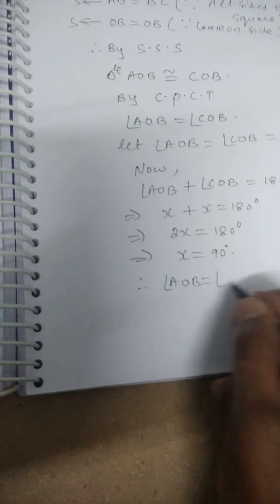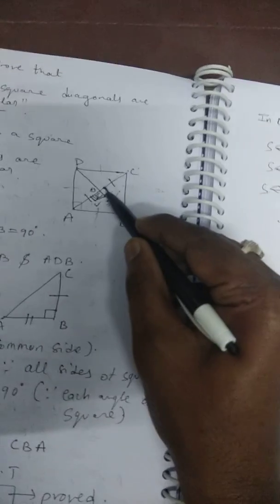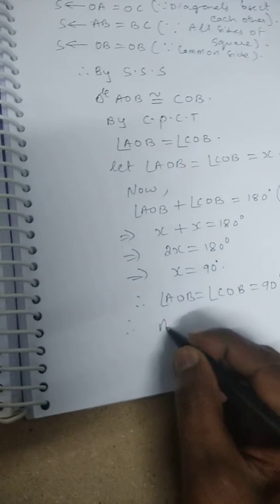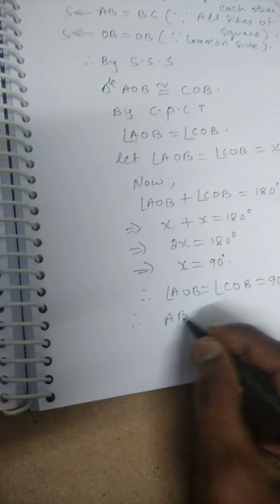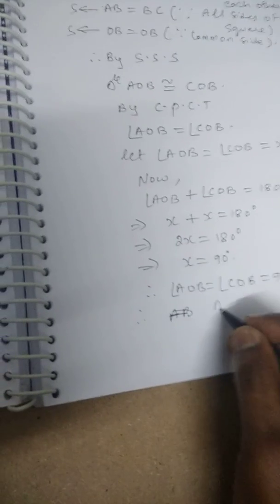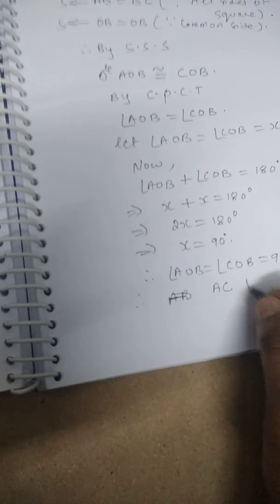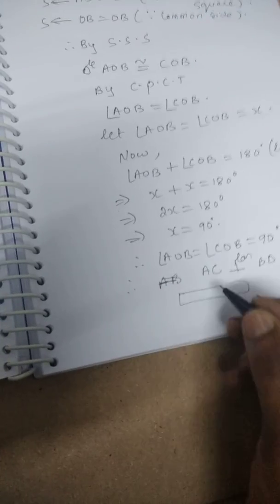Therefore, angle AOB is equal to angle COB is equal to 90 degrees. Therefore, diagonal AC is perpendicular to diagonal BD. Hence proved.